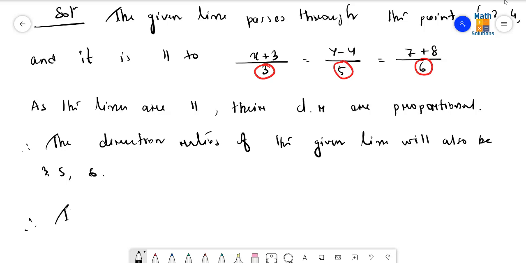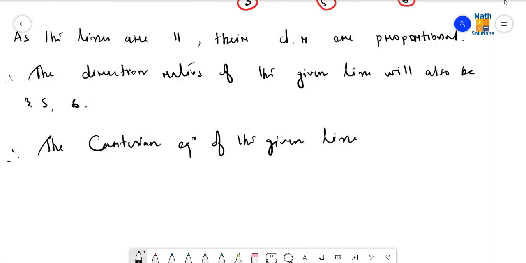Therefore, for the Cartesian equation of the given line, which formula do we use?